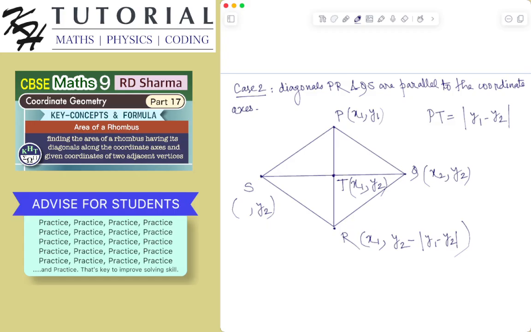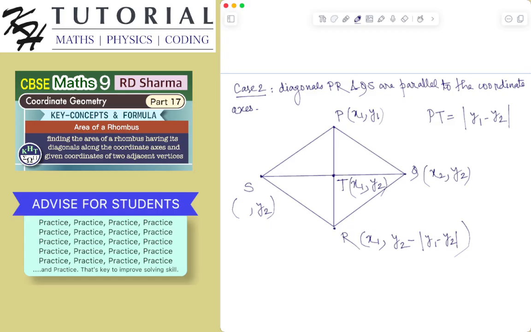We know that the ordinate of point T is y2, and the distance of the point R from the point T is the absolute value of y1 minus y2. So obviously, since R is below the diagonal QS, its ordinate will be y2 minus the absolute value of y1 minus y2.